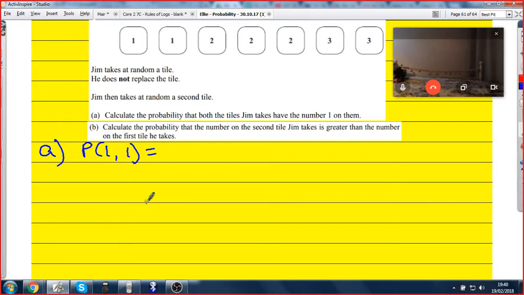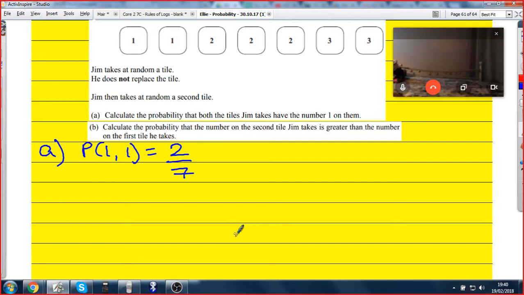So it's quite a confusing question. How many number 1 tiles are there out of the total? 2. Yeah. And so the fraction would be probability of taking a 1. 2 out of 7. Yeah. Would it be 5 out of 7?